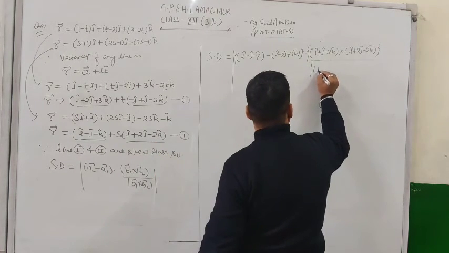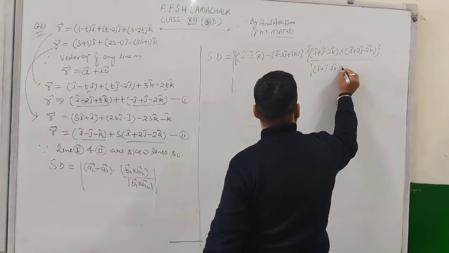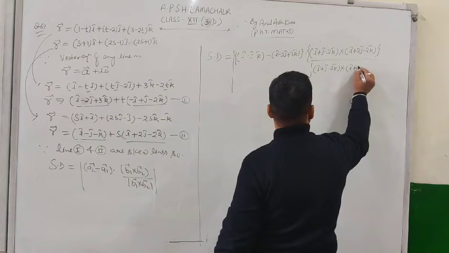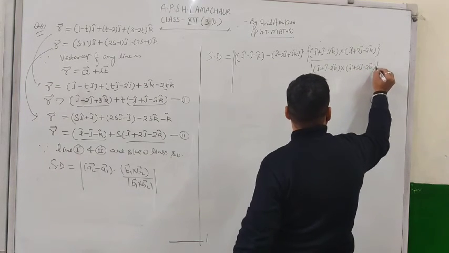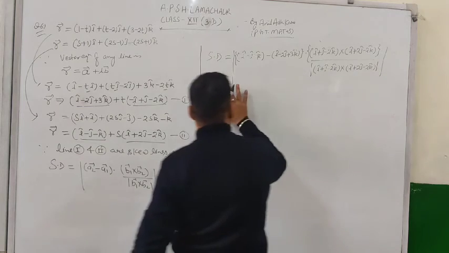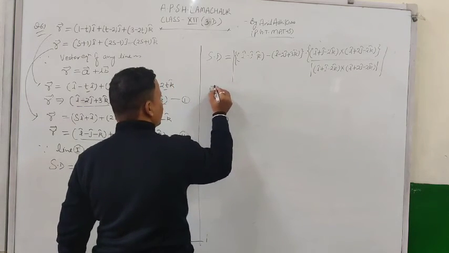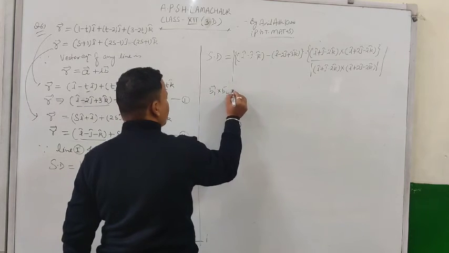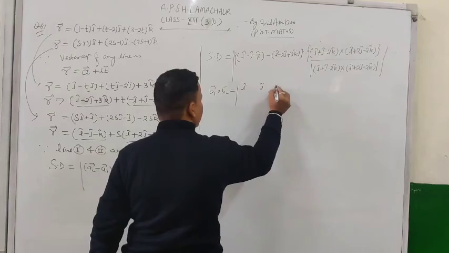It means (i plus j minus 2k) cross (i plus 2j minus 2k). Now find out the value. ठीक है, सारी values find करनी पड़ेंगी. सो पहले हम निकाल लेते हैं b1 cross b2. ओके, b1 cross b2.